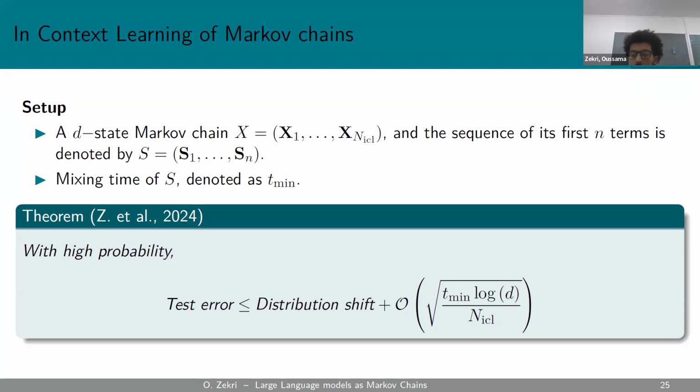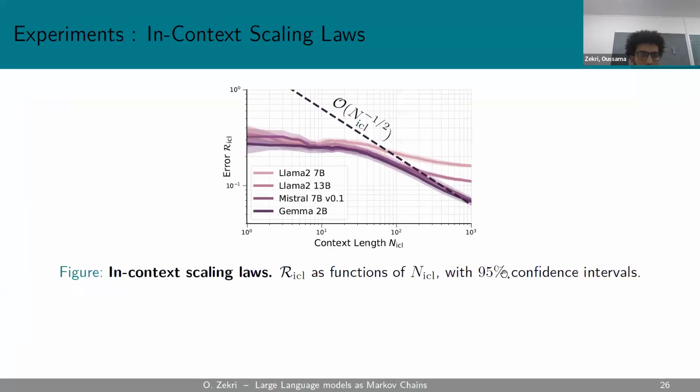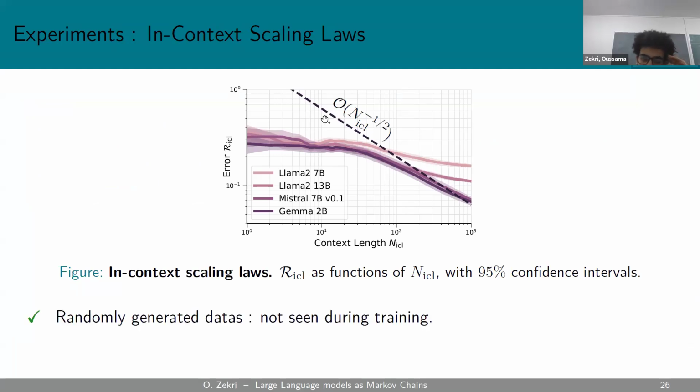After deriving this theorem, we wanted to see on LLMs if it works, if it follows this law. We took a lot of LLMs, some recent and some quite old, and we realized that yes, it follows the law given by the bound.